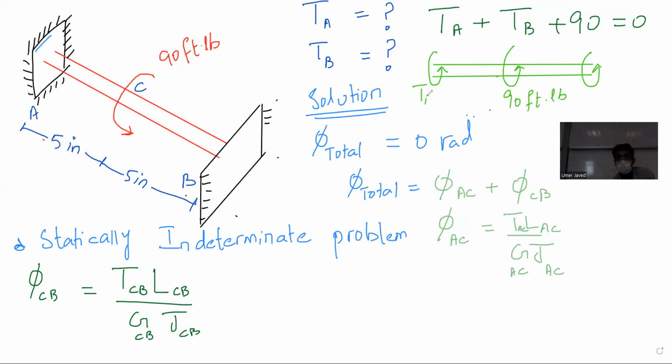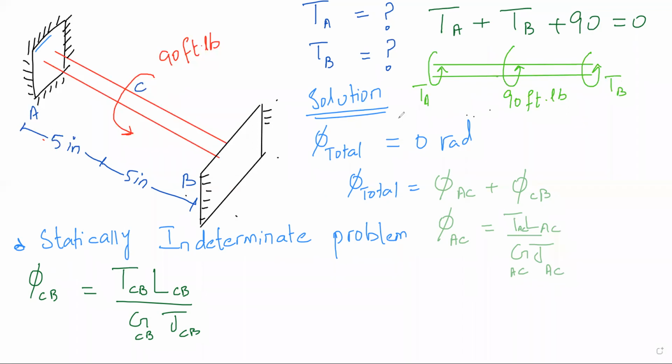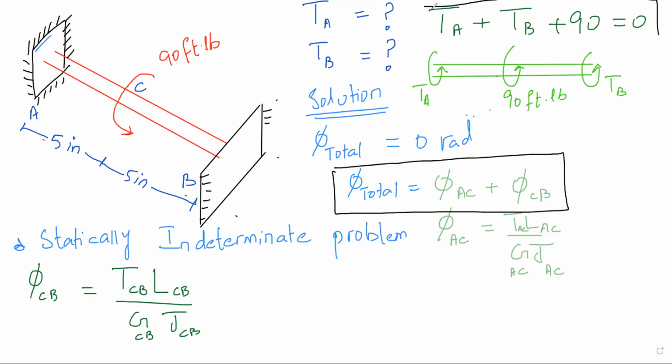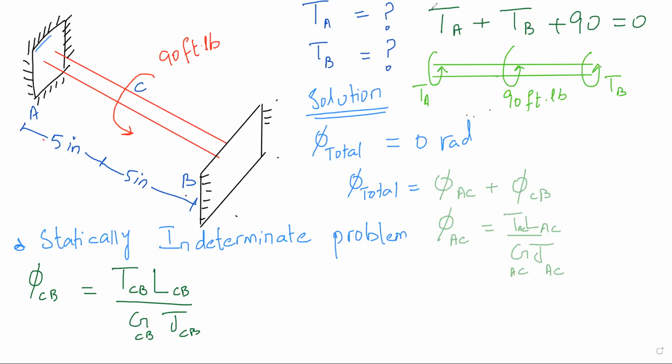This is my TA anti-clockwise that I am assuming. This is TB, correct? Now I am saying that I need one more equation, which is this one. I will use that in conjunction with this one. Two equations, two unknowns will give me TA and TB. So I think now you understand the reason why are we doing this. So phi total is 0. So we are, I think, back in business. Now all we have to do is write.